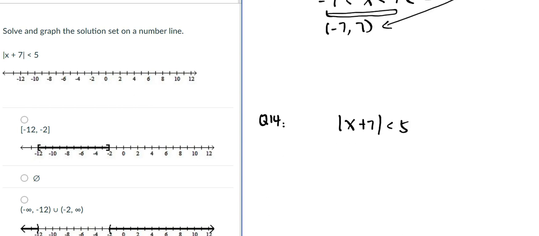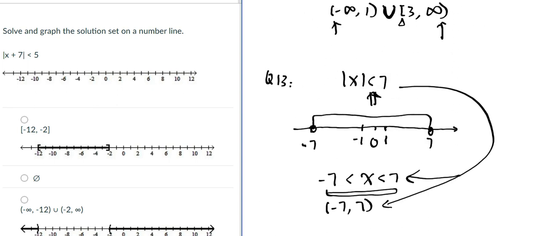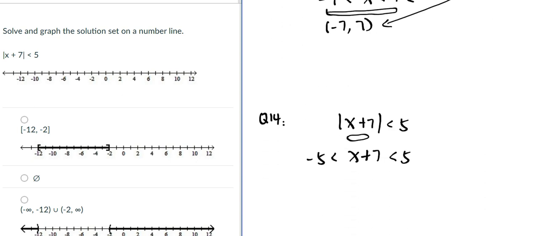So how to translate? The quantity in the middle, this whole quantity has to be in between negative 5 and the positive 5. The whole quantity. Here the quantity is just x. But here the quantity is x plus 7. You translate into this way. And the rest of it is easy to do.